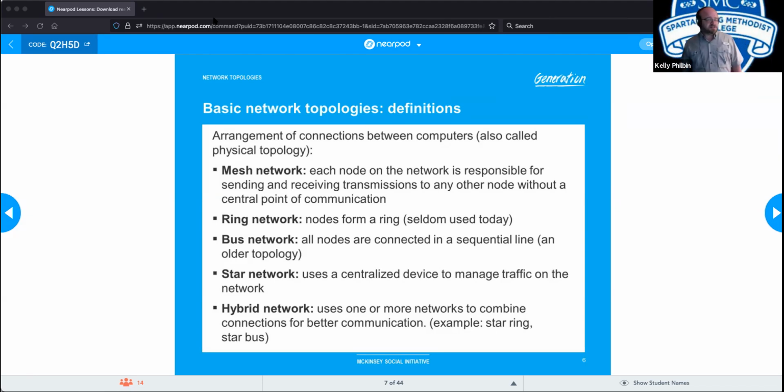In enterprise environments, a lot of times they'll have a server room or equipment room on each floor, and they will run fiber optics between the floors to increase the speed between those connection nodes. And then they would have star networks on each floor. So on each floor, everything would be connected to the switch. And then the bus would be the connection going from, say, the ground floor to the top floor, where they would have fiber optics running between the floors to facilitate communication between each of them.